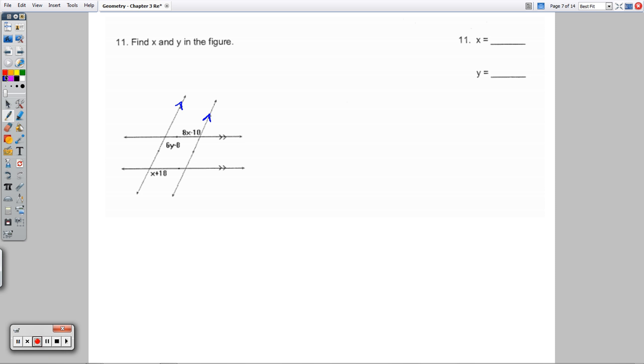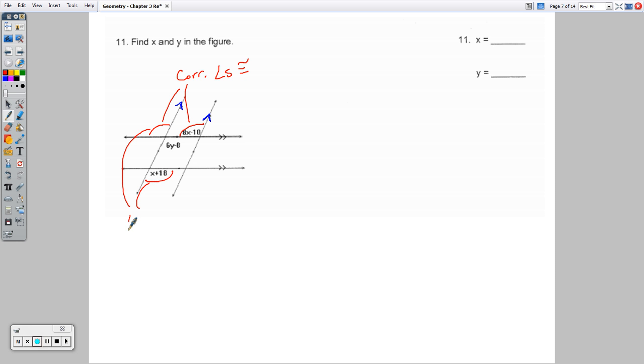So the first thing I'm seeing here is that based on these lines being parallel, this one right here and this one would be congruent because these are corresponding angles. You have two parallel lines here and here, corresponding angles would be congruent. And then this one and this one, because of these two parallel lines, these two would be congruent by alternate interior angles.